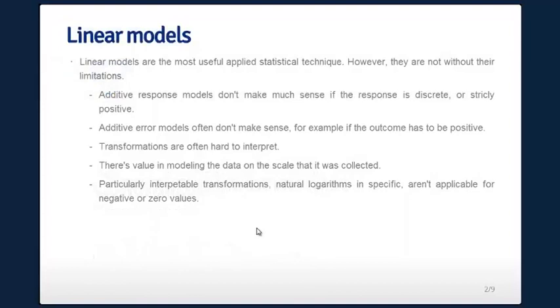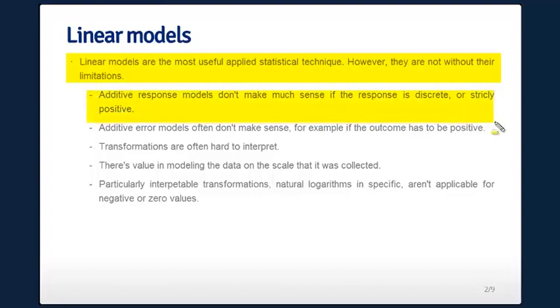Okay, so linear models, to me, other people might dispute this, but to me, are the single most useful applied statistical technique. But it's not like they're limitation free. So a couple of limitations come to my mind. First of all, additive response models don't make much sense if the response is discrete.